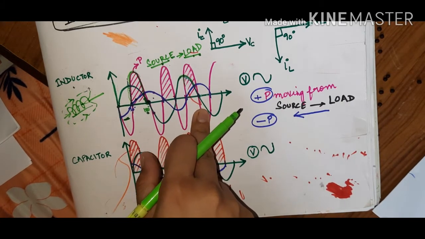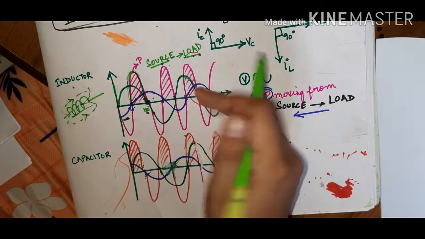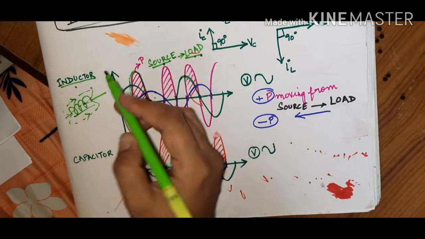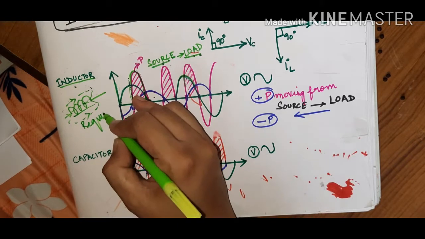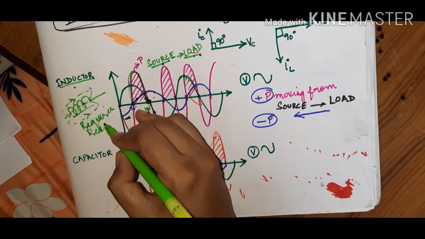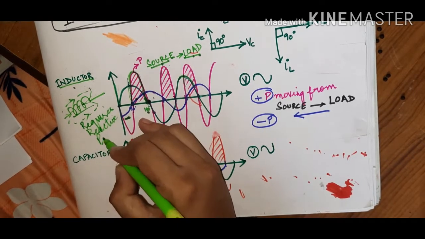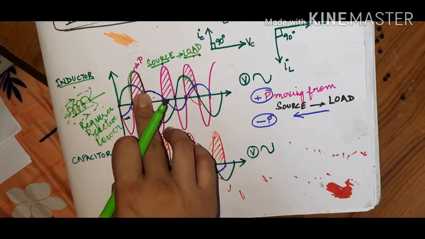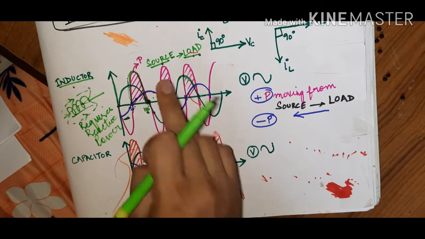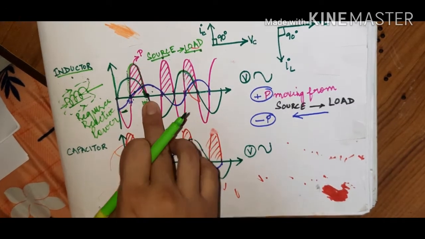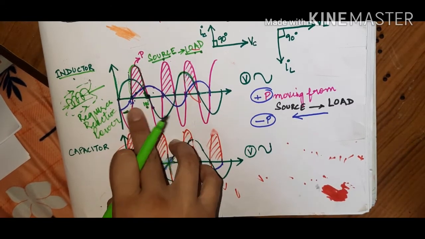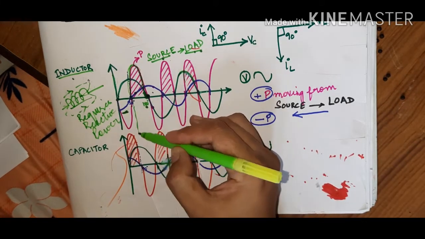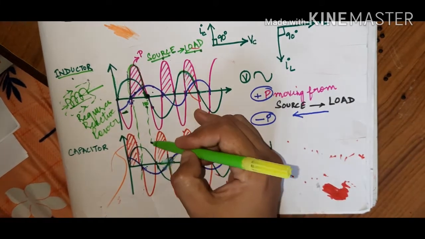But we have to administer to this half cycle in which your inductor requires reactive power. So when your inductor requires reactive power at that 90 to 180 degrees time period, during that time period your capacitor is doing what?